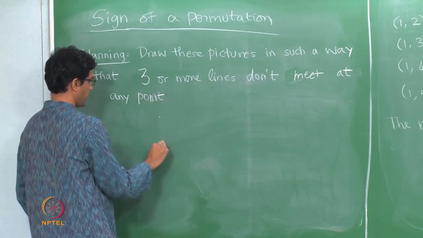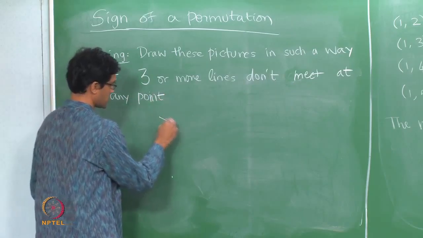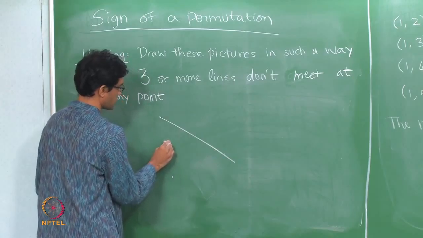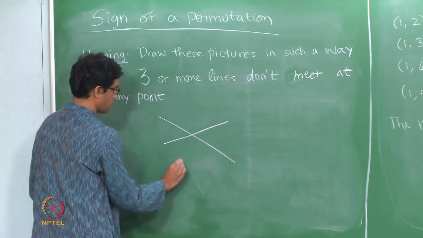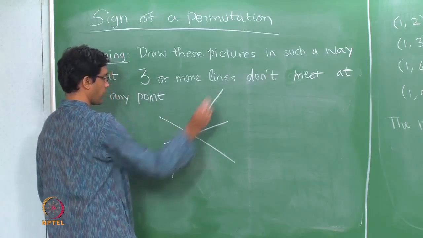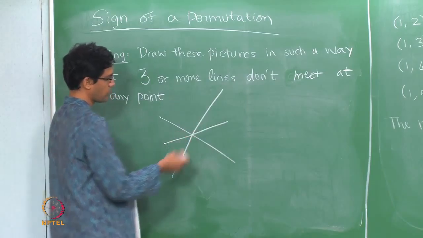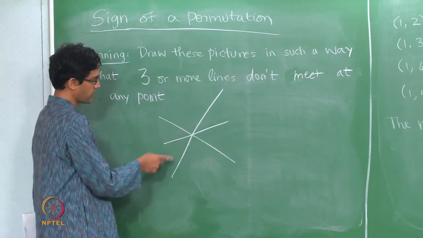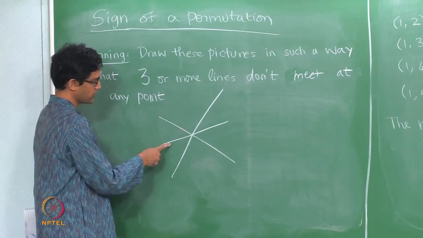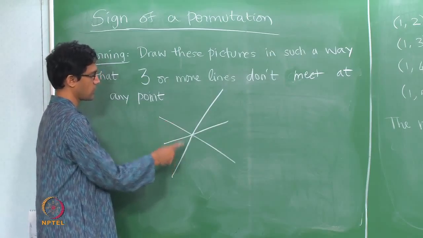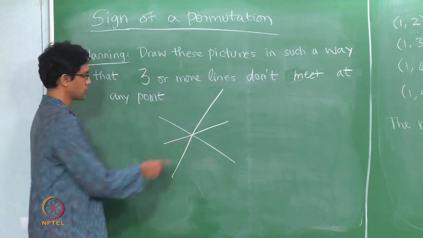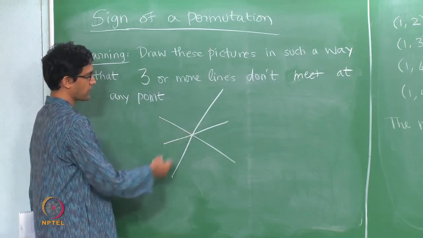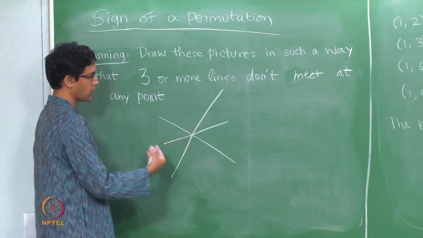So for instance, if I had something like this, and you drew the third one also going to the same point, then counting the crossings becomes somewhat trickier. Technically, these 2 lines meet, these 2 lines meet, and the first and the third lines also meet at that point. So technically speaking, this is a point which really counts as 3 crossings.